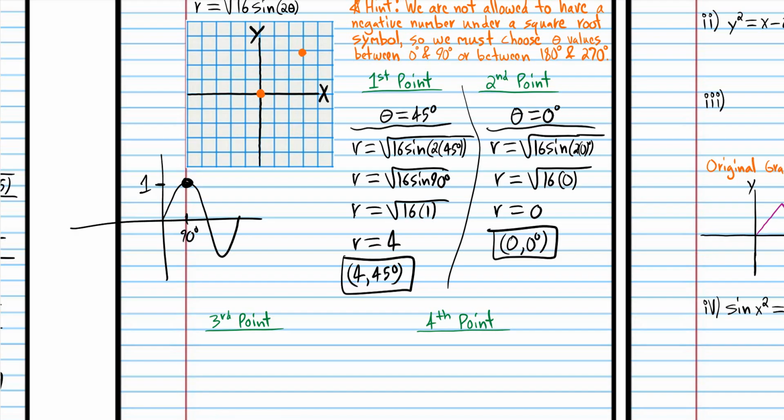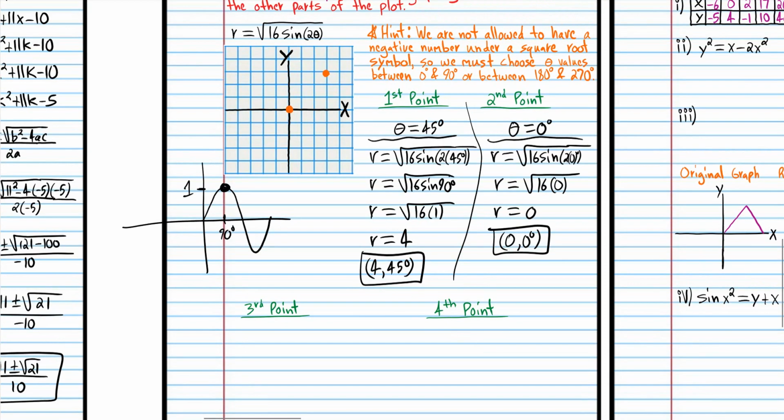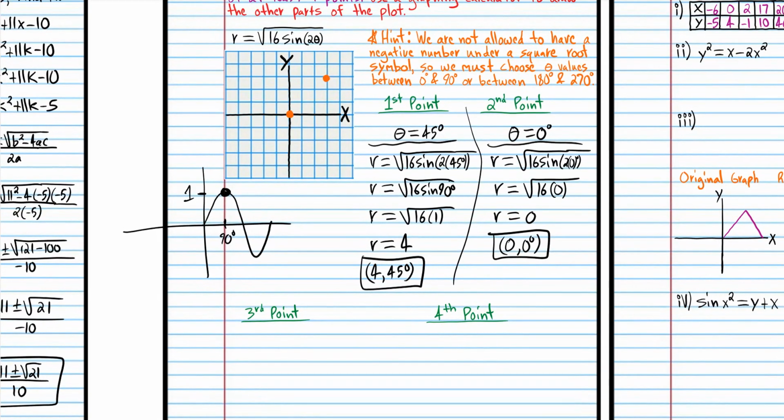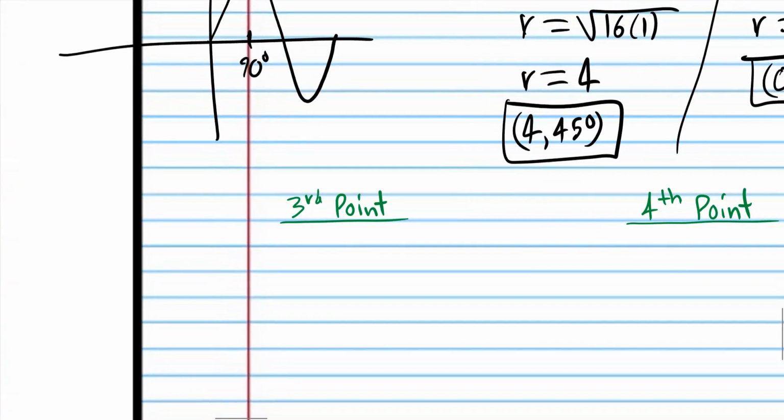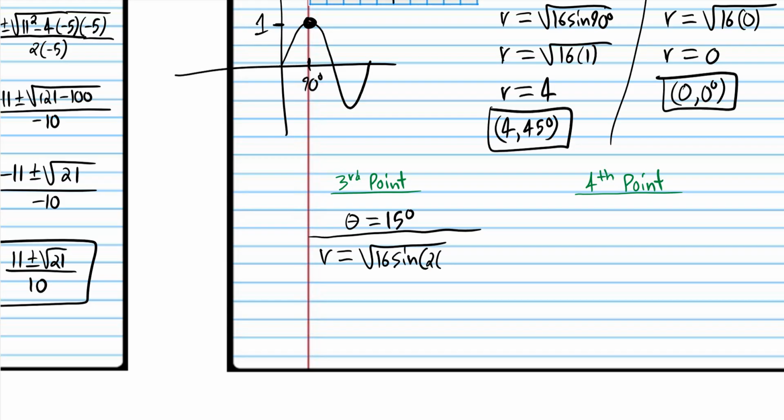And let's try to find a couple other points. Let's see. I think we can plug in 15 degrees. Sometimes you can plug in values that are really easy, sometimes you can't. So r equals root 16 times sine 2 times 15 degrees.